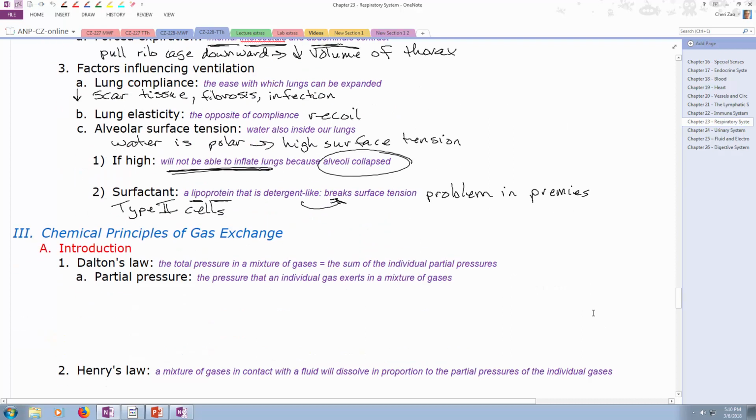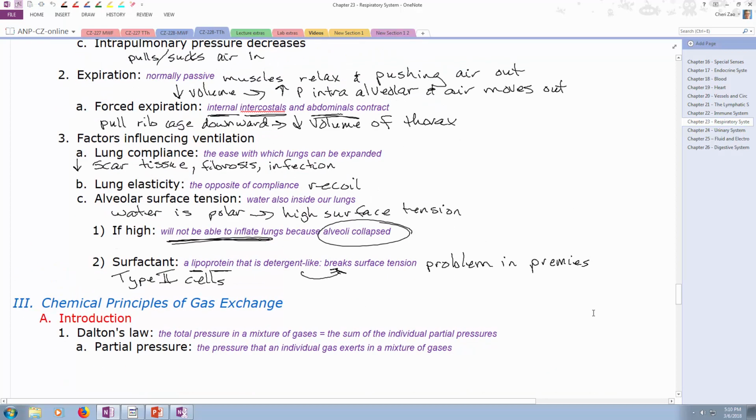Another question I want to ask you guys about: what if you try to hold your breath, squeeze your nose, close your mouth, and try to inhale? What would the pressures be like with that? So think about this. You close off your nose and your mouth, and you try to inhale.